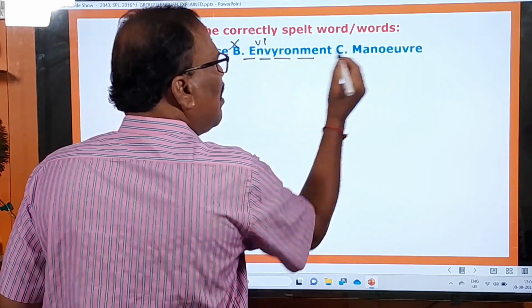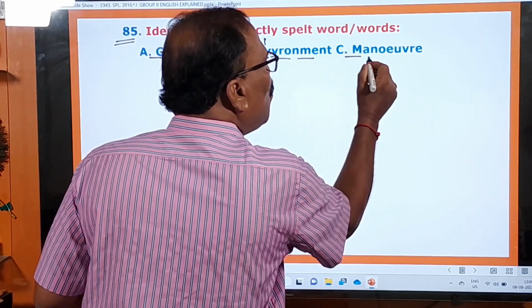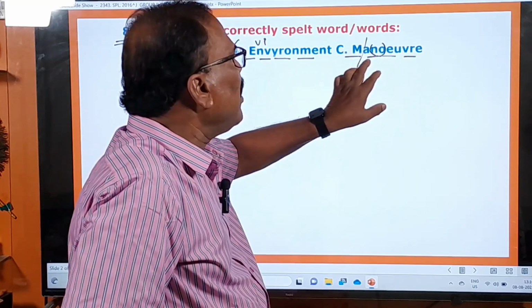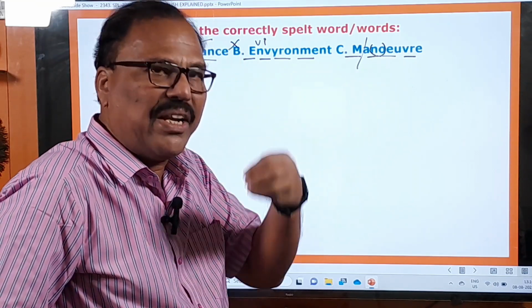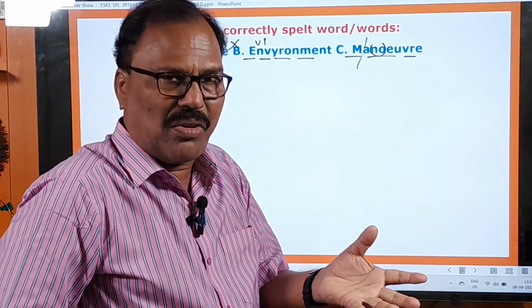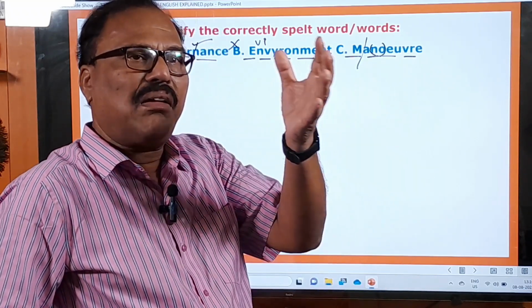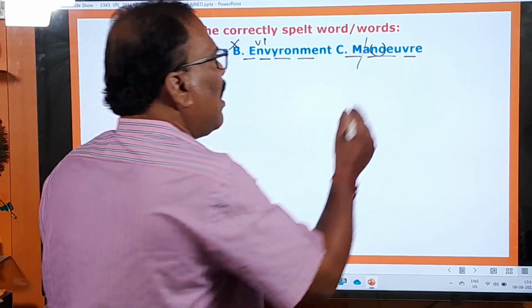And if you go to the C word, what is that? Maneuver. Here extra vowels are given additionally, because in British English they use more vowels, whereas in American English fewer vowels are used, and that's why color is there.